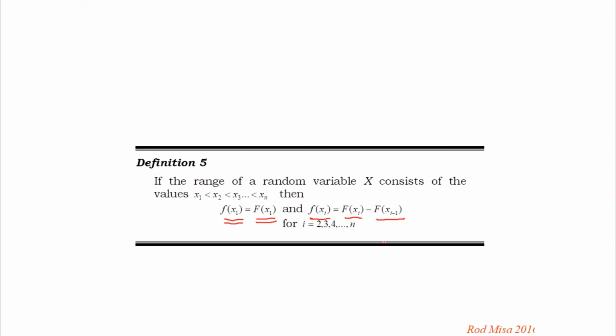In other words, this definition is saying that we can compute the individual probability given a cumulative distribution function of a particular statistical experiment.